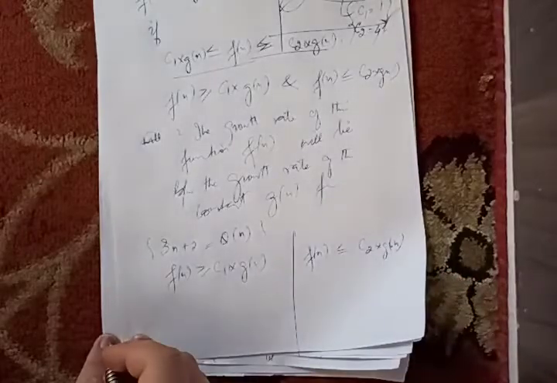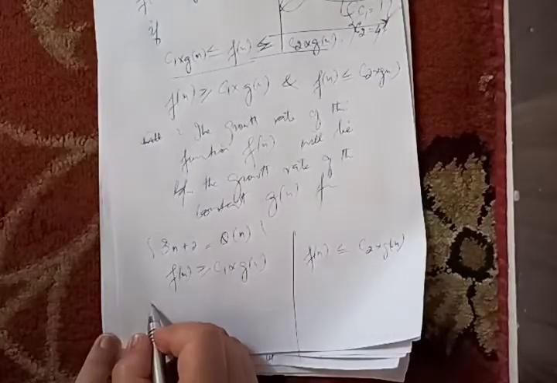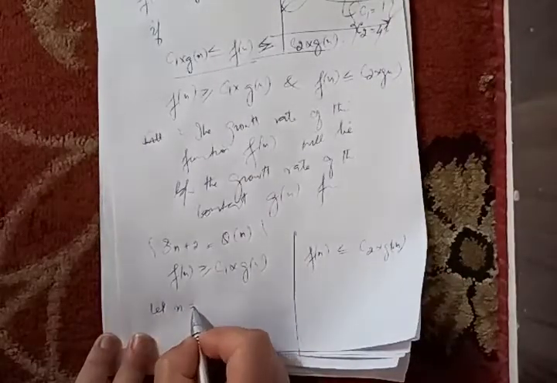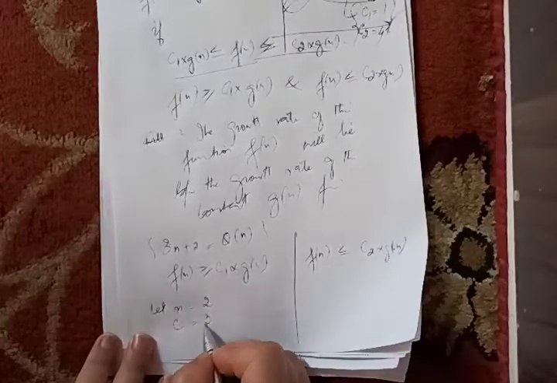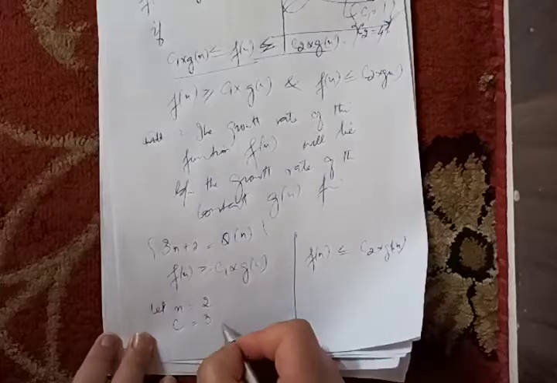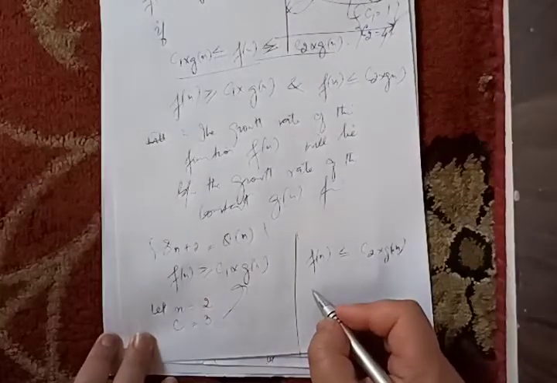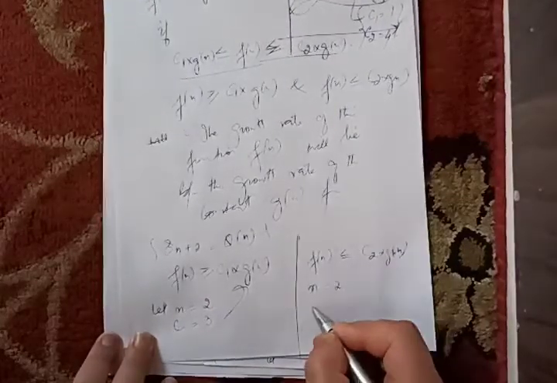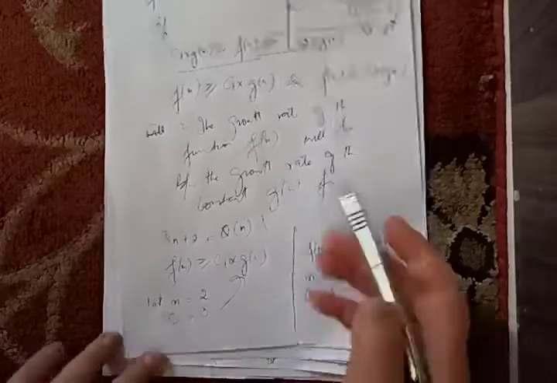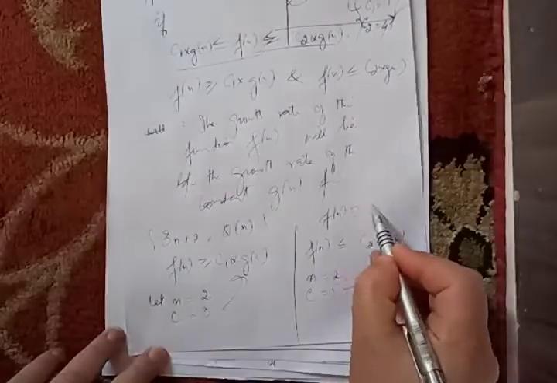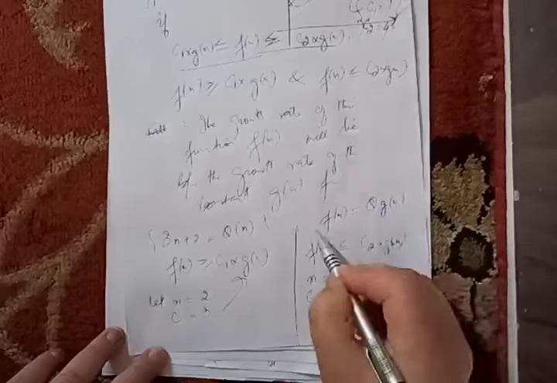Now see for example, let n is equal to 2 and constant is equal to 3. See whether you can do this. Take n is equal to 2 and take constant equal to 5 and see if this gets satisfied or not. If yes, then you can say that f of n is equal to theta of g of n.